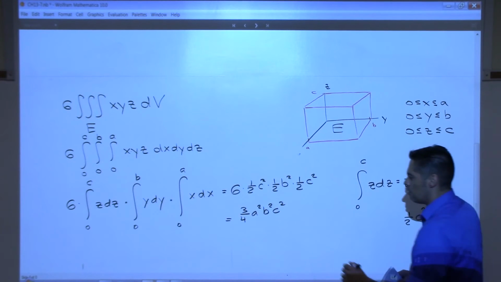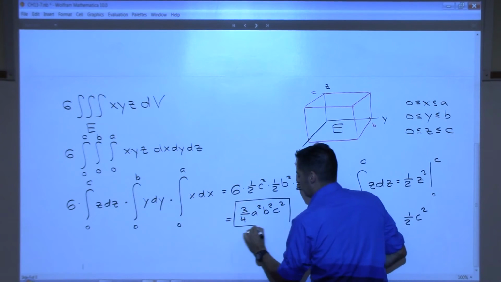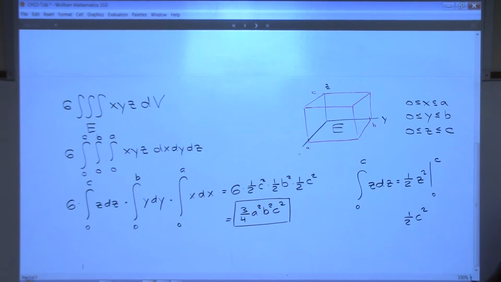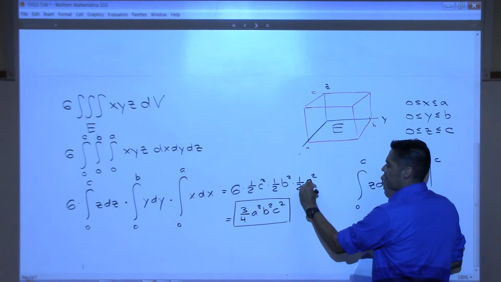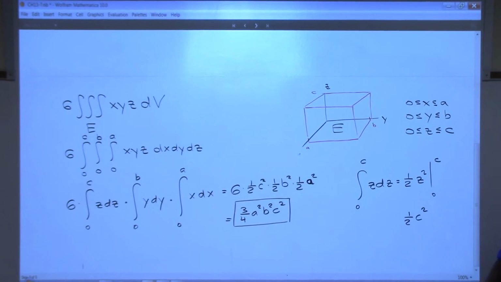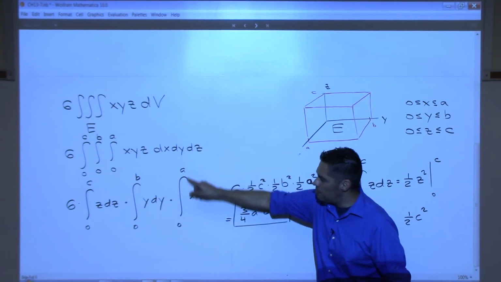I put it in alphabetical order. That's it. Understand? Any questions? Yes, this last one, thank you, should be an a. Appreciate that. Because my last integral is with respect to x, so that should have been a squared.